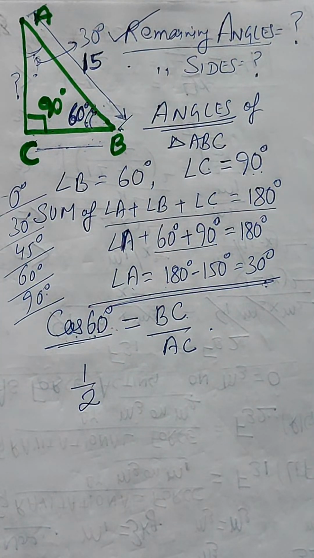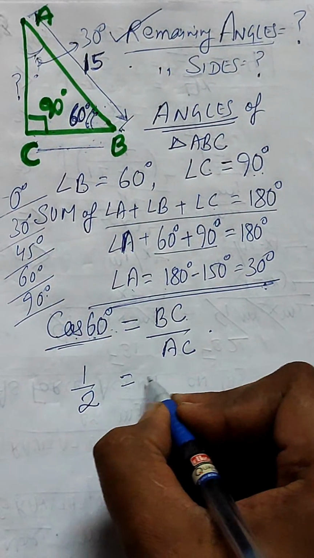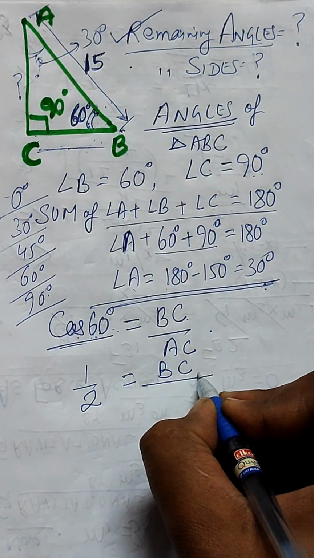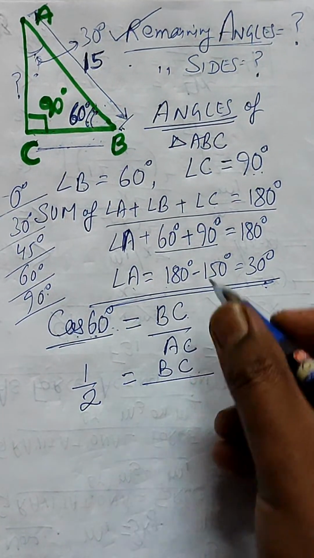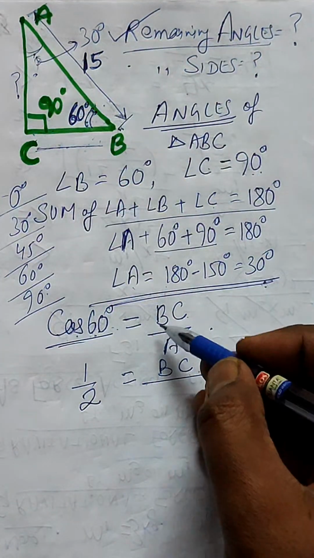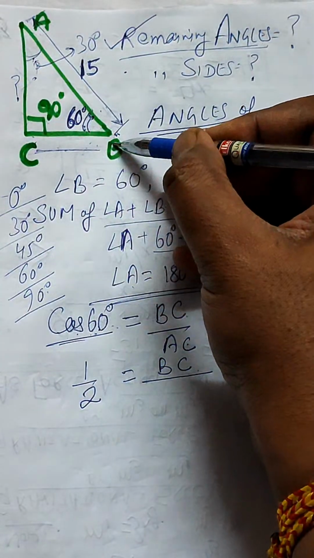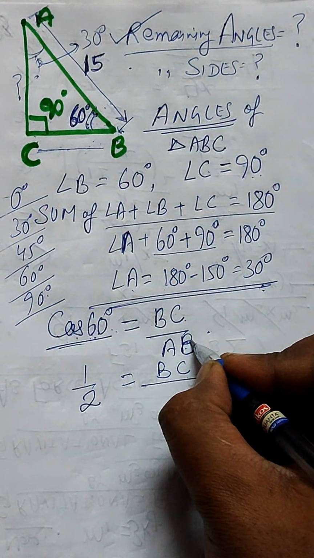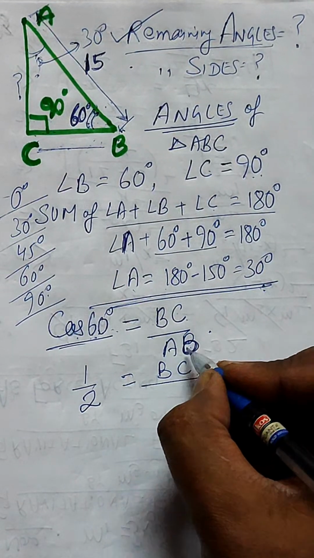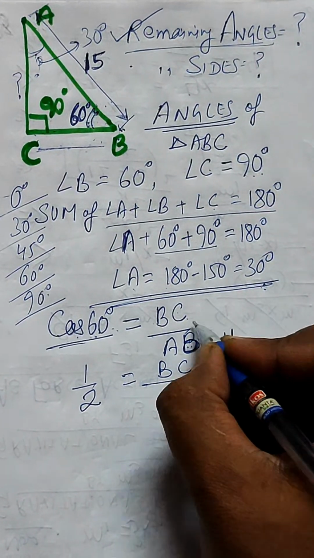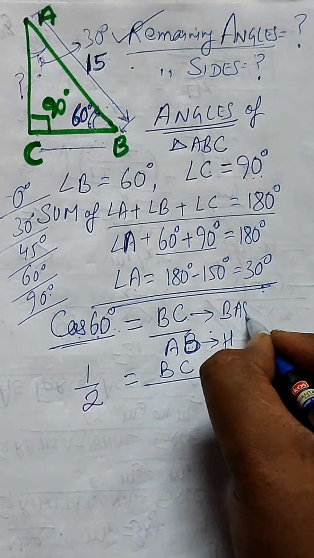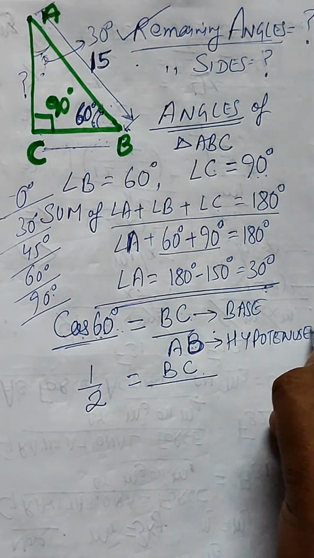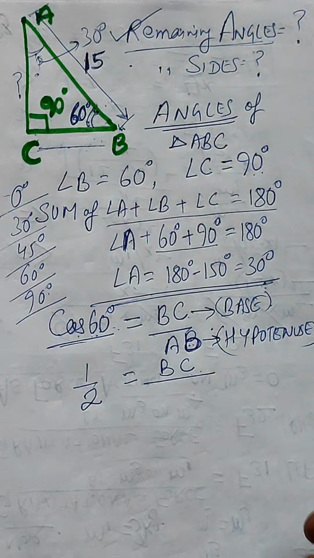Just put in the value, and in place of BC, which we do not know, just leave it as it is. In place of AB, it is the hypotenuse. So this will be acting as the hypotenuse and this will be acting as the base.